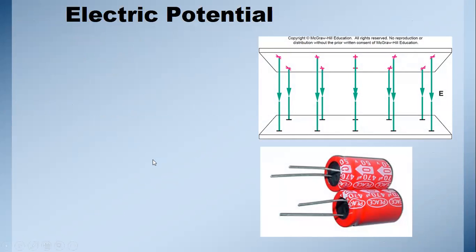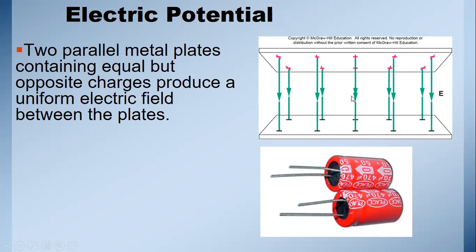Now this is a picture of a capacitor. These are capacitors. If you go inside a capacitor, you will see two parallel plates. One side of the plate gets positively charged, the other side negative. So the field lines are from positive to negative, and the electric field direction is from positive to negative, as in this picture. These are two parallel metal plates.